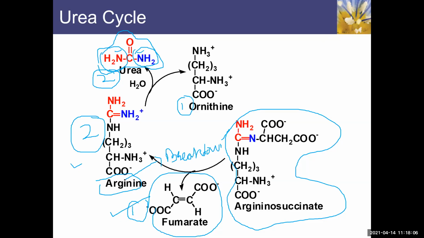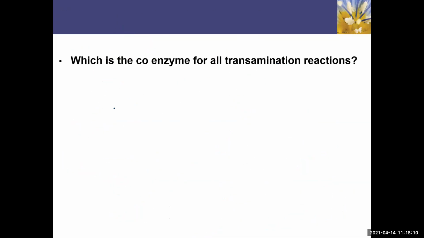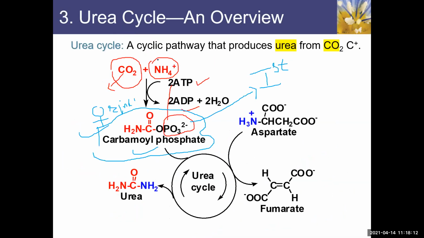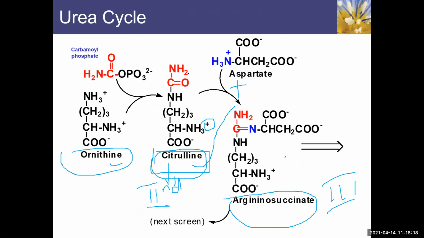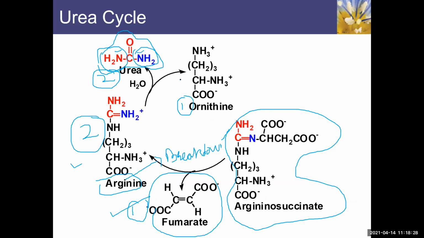So one nitrogen which it has, this one, this is the source of it, the ammonium ion. And the second nitrogen which it got from the aspartate. So there was a question something like this. The urea, I will repeat once again, has two nitrogen atoms, as you can see over here, right?